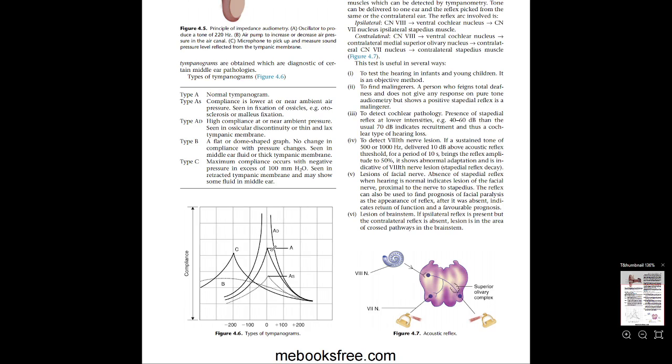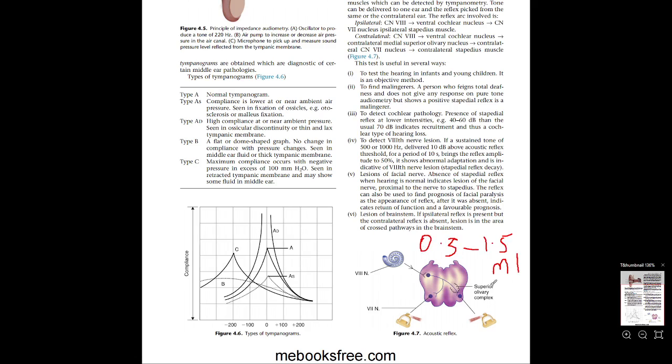Type A is called the normal tympanogram, meaning that a normal tympanogram is from 100 to minus 100. Okay, the pressure should be from plus 100 to minus 100, and the values should be from 0.3 to 1.5 ml.